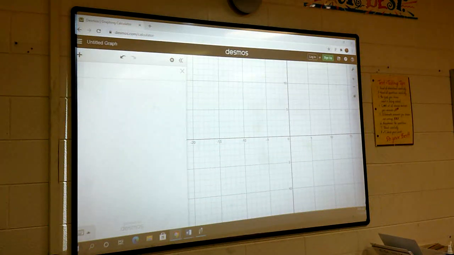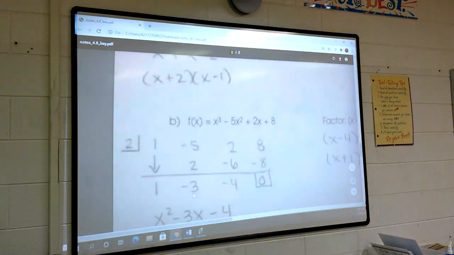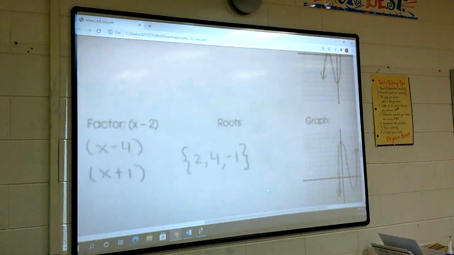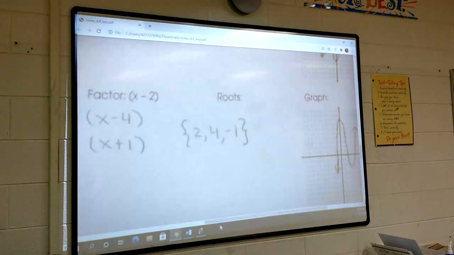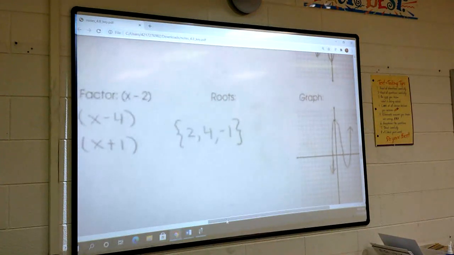So the next one was x to the third minus 5x squared plus 2x plus 8. So let me go to that one. Okay, if you go to Desmos on that one, then here's what you're going to see for that next one. So this is B in example 3. X to the third minus 5x squared plus 2x plus 8.